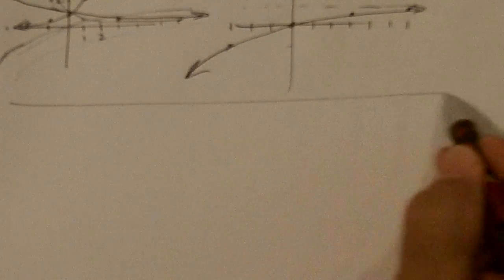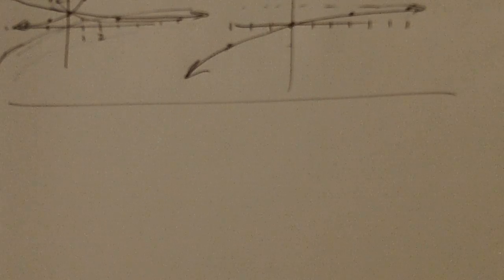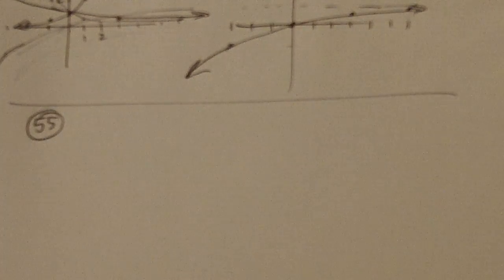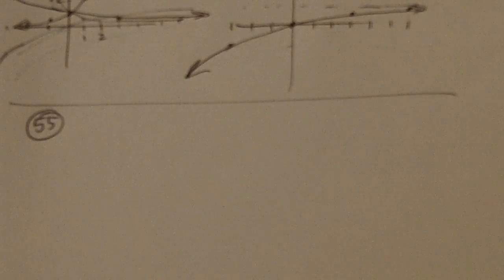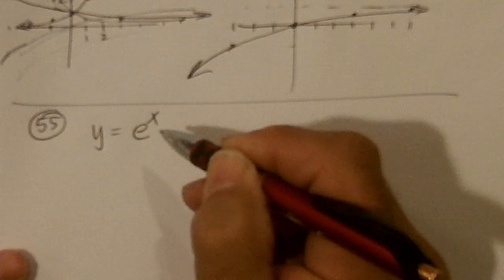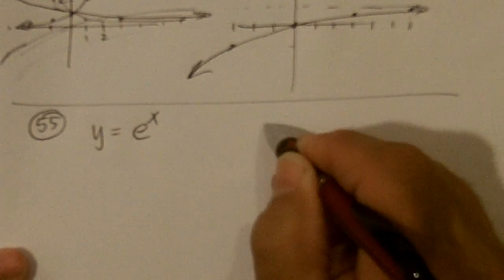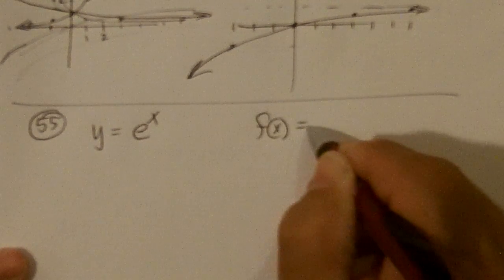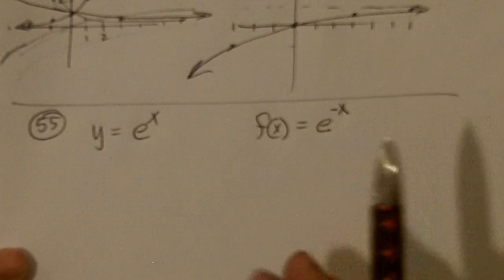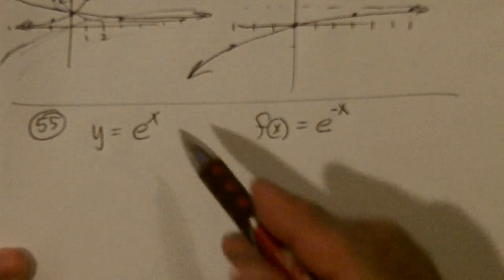Okay, now the next one is 55. A new section. 55. Begin with y equals e to the x and then draw f of x equals e to the minus x. So that's just the negative on the x, which is a reflection over the y-axis.